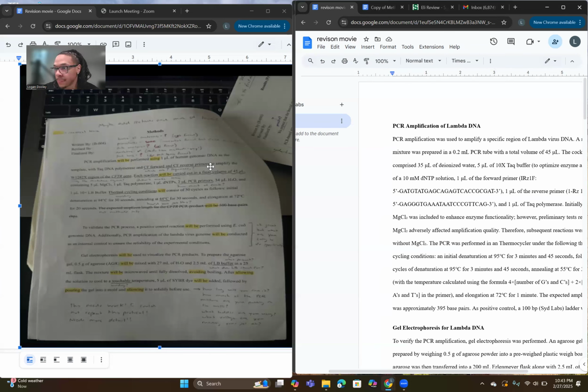Lithium borate. The data analysis. I made sure the methods were repeatable. It went in depth and used measurements. I gave time frames and I specified the primers and sequences. The ladder I'm using, I made sure to mention that 100 base pair ladder. And then I specified how long we're running the gel and at what voltage. And that's it. Thank you.